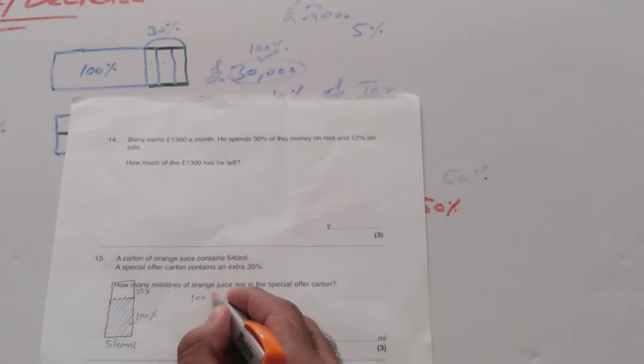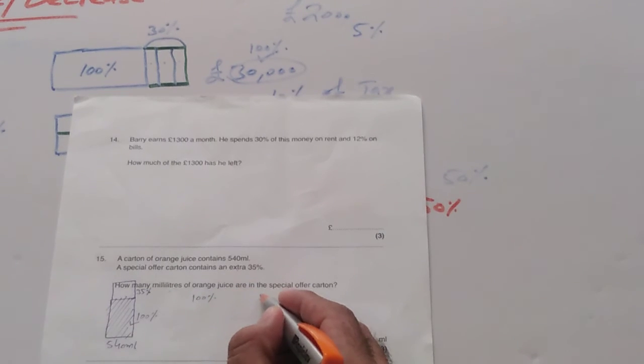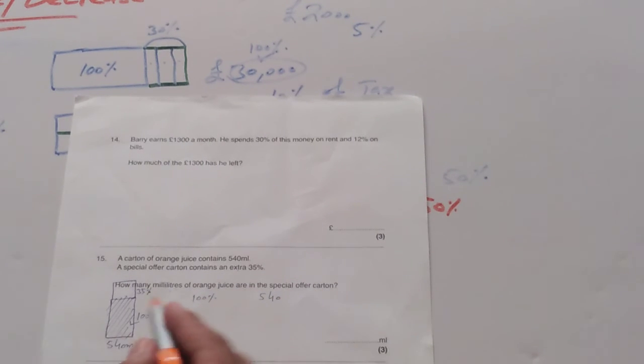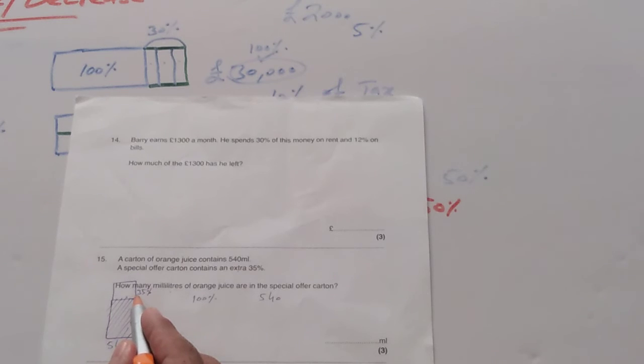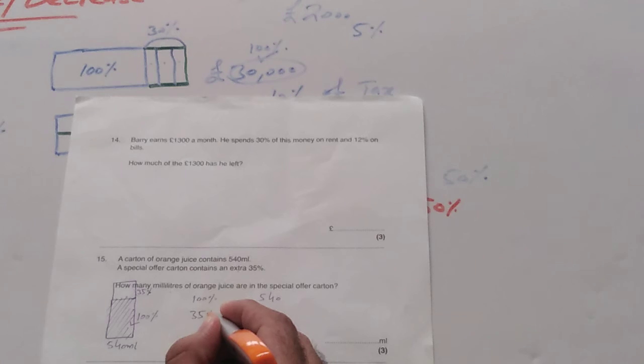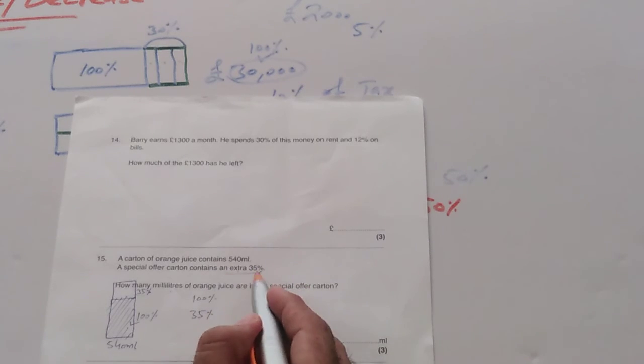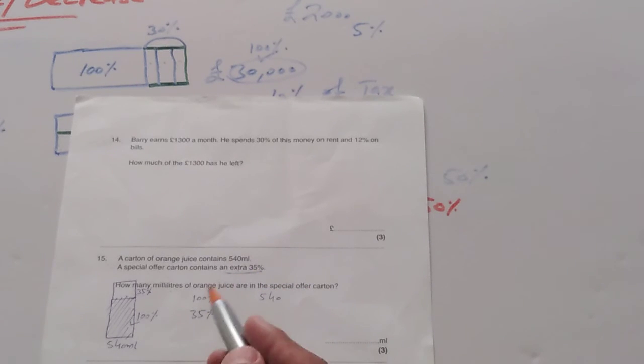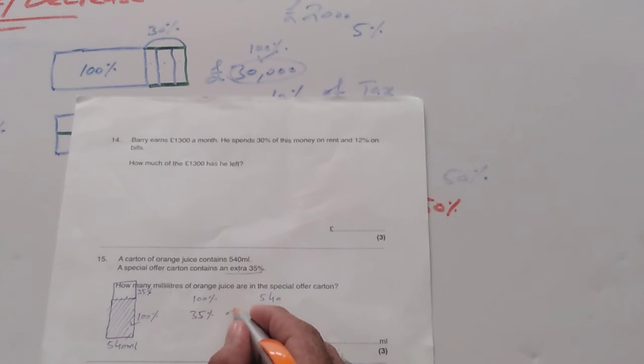So 100% is 540 milliliters, and you have to find 35% more. Because it says 35% extra, extra means you have to add, or you have to find more. So you'll just find 35% of 540.